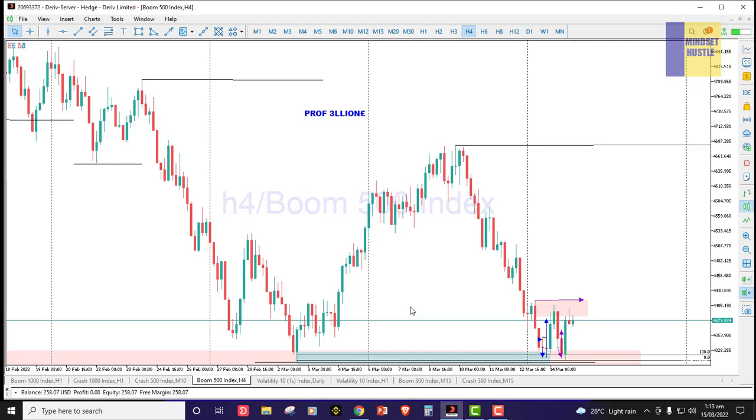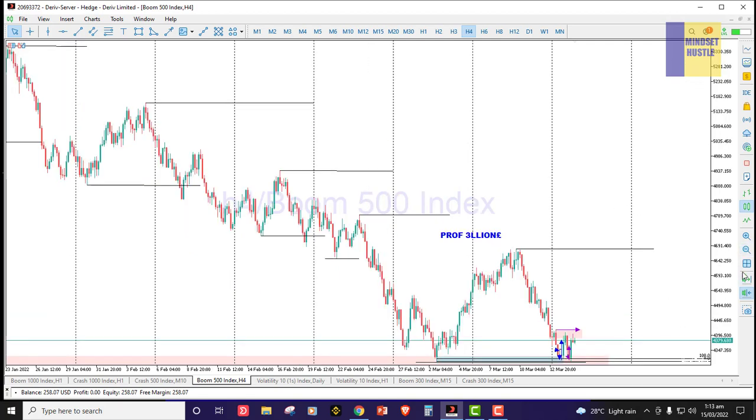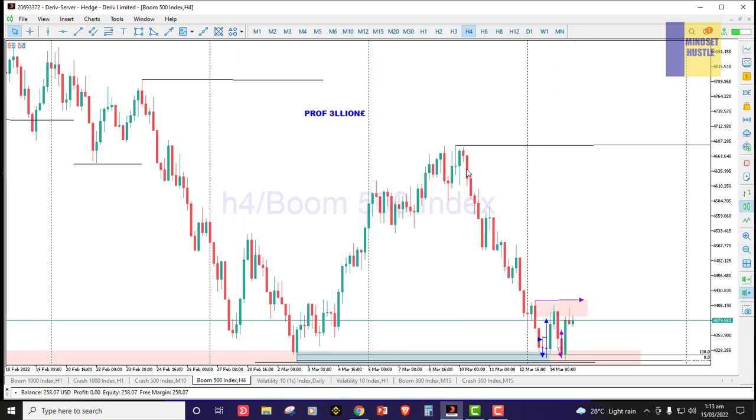So this is my chart on Boom 500. Yesterday we used this particular pair to do our market structure markings. And if you remember, after we did the structural marking, I told you we will concentrate on the last high and the last low on the daily structure.